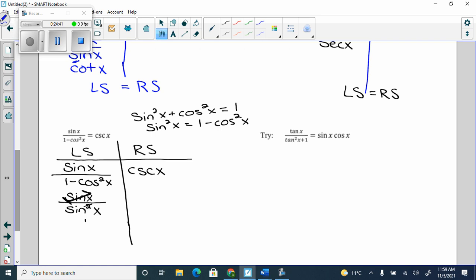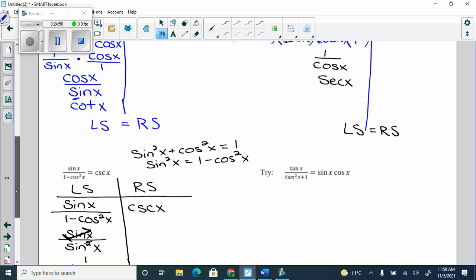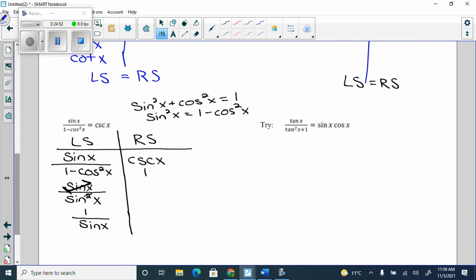So that's 1 over sine x. And I'm going to be a rebel because on the right side I didn't do anything, but I want to. So I'm going to write this as 1 over sine x. And then I have left side equals right side. You could have done absolutely nothing to this side, written cosecant x, left side equals right side. Same thing, correct?